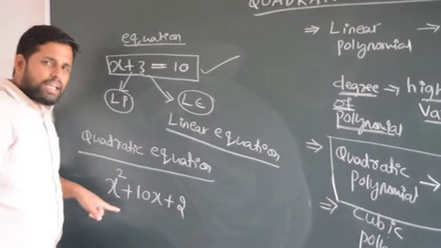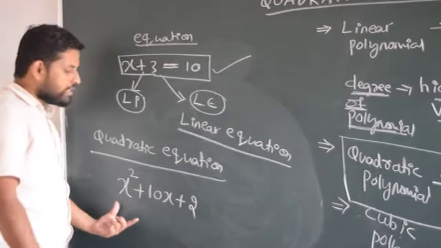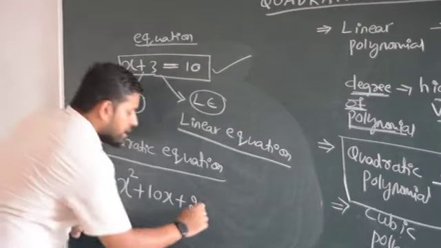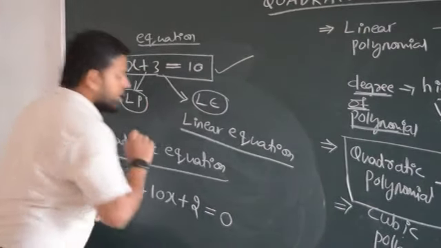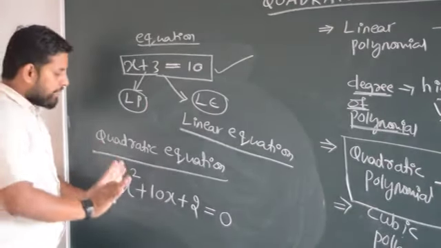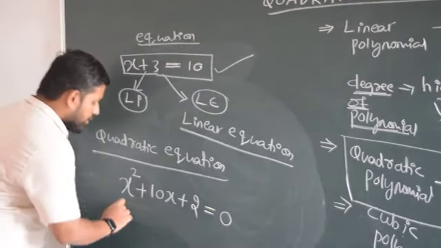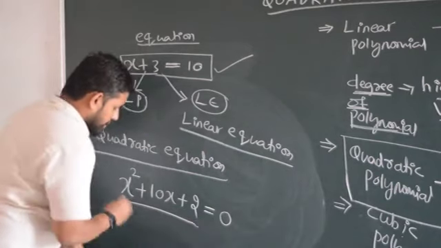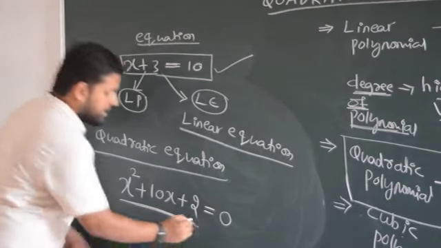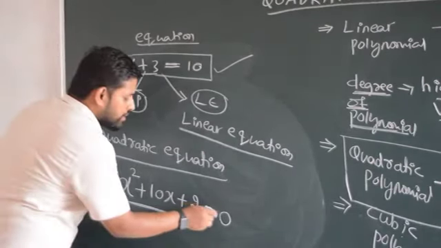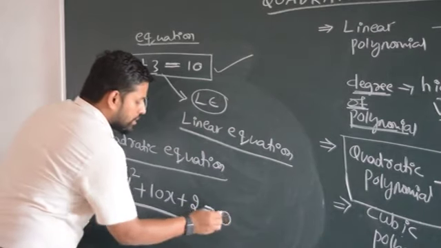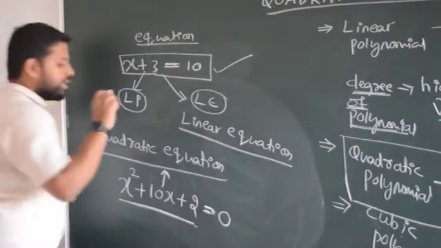Is it a quadratic equation? No. Right now it is a quadratic polynomial. But if you make it equal to 0, then it becomes a quadratic equation. Equation means there must be an equal sign. On the left hand side I have a quadratic polynomial, I add the equal sign and then write 0. Then it becomes a quadratic equation.